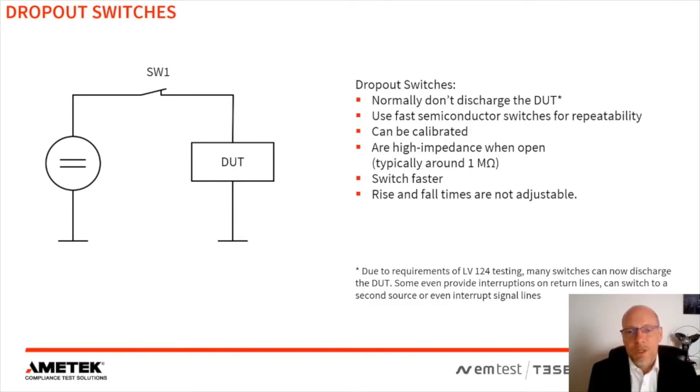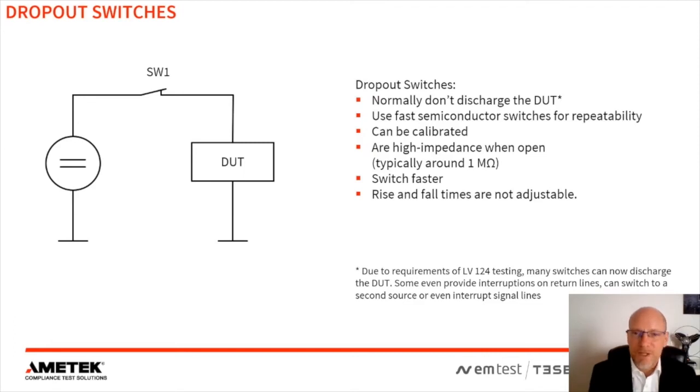They are high impedance when open, not giga ohm range like an electromechanical switch might be, but typically around 1 mega ohm, maybe a little bit less, which is for the purposes of test quite acceptable, especially when you consider there might be parallel loads in the actual vehicle. They also switch faster. As good as the amplifiers are, there are no amplifiers that can switch in less than one microsecond.